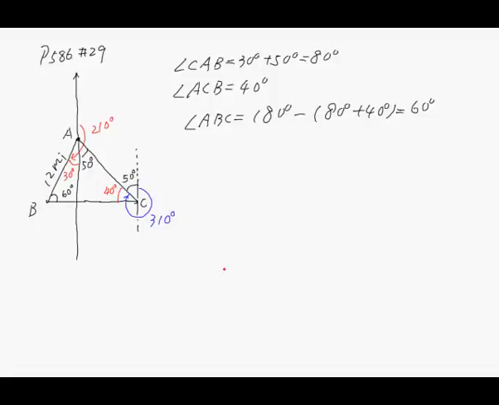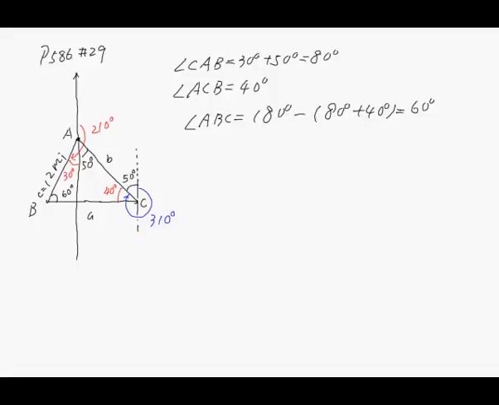Then we know the side c is equal to 12 miles. Then we need to find the side a, that is the length of BC, and also b, that is the length of AC.